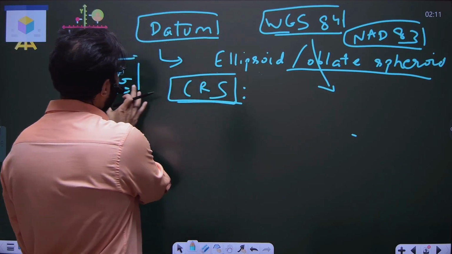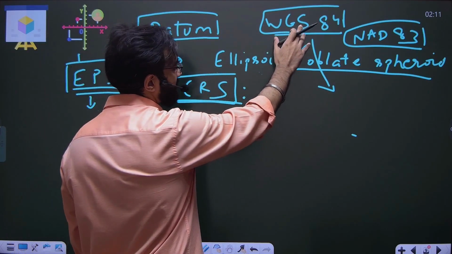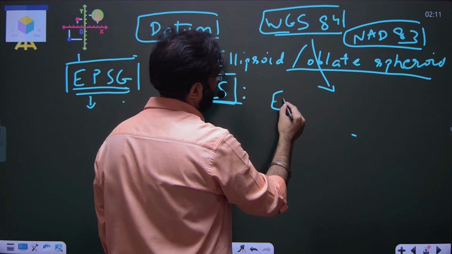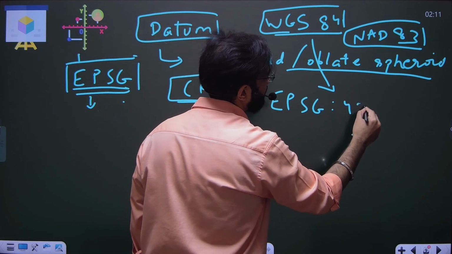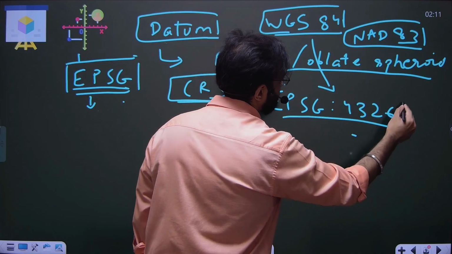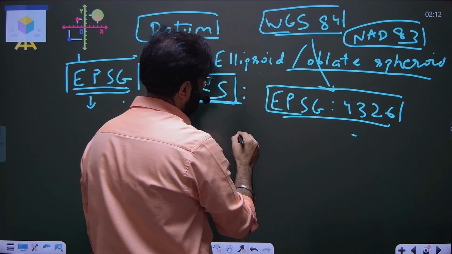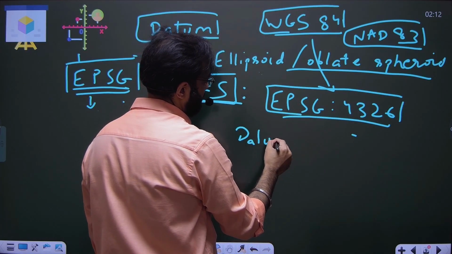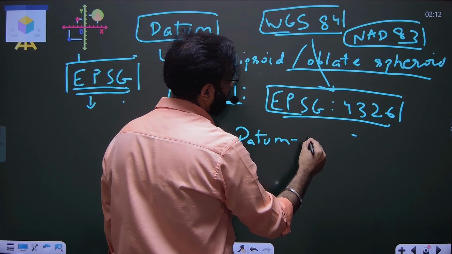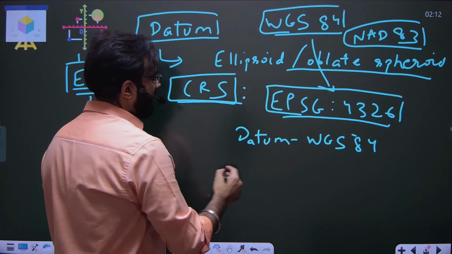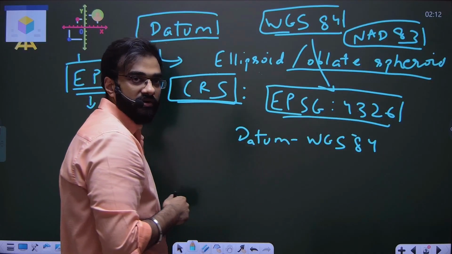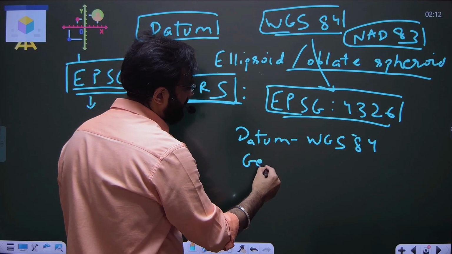So when we combine this EPSG, WGS, for example, I write this as EPSG 4326. This corresponds to datum WGS 84. Okay. Then EPSG we already know here, and it is a geometrical coordinate system.